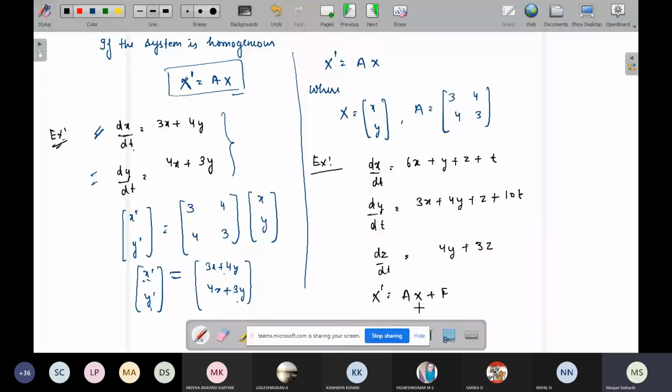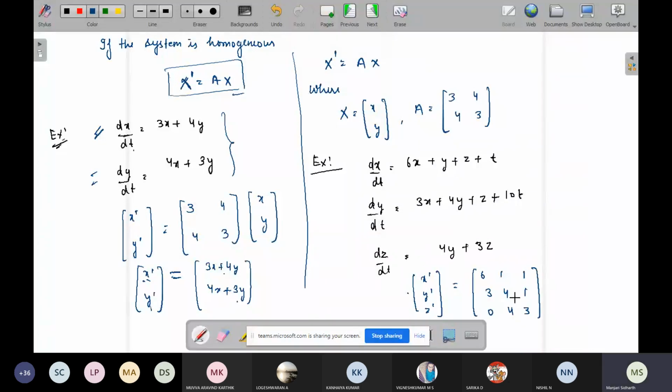Instead of writing directly this, let us write first x dash, y dash, z dash. These are the dependent variables. Then the coefficient matrix 6 1 1, 3 4 1, x coefficient is 0, so 0, 4, 3.